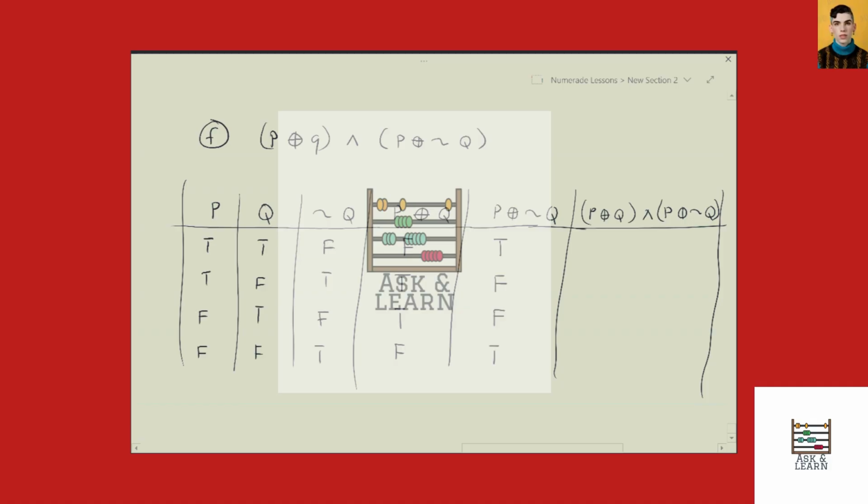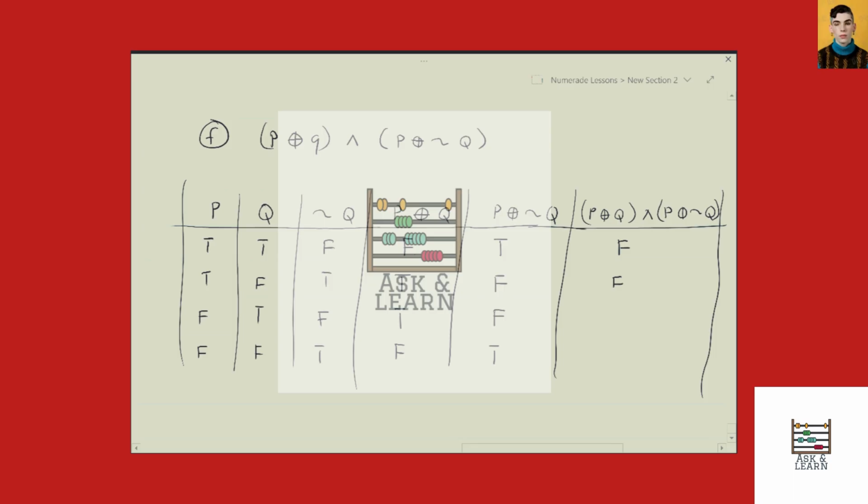Okay. So here, when we come here, we have the and. So we are looking at this and that. So false and a true will give us a false because we are looking at and, which for this column and that column should be true before the conjunction would be true.